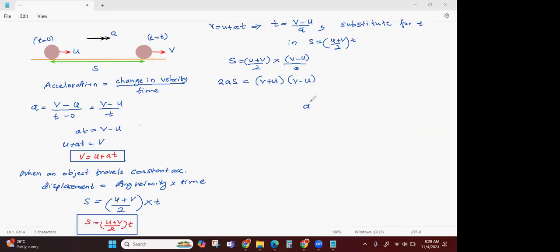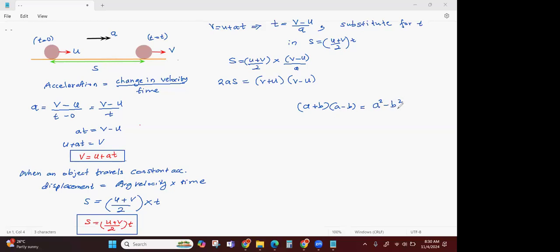For example, if you have a plus b times a minus b, this is equal to a squared minus b squared, no?